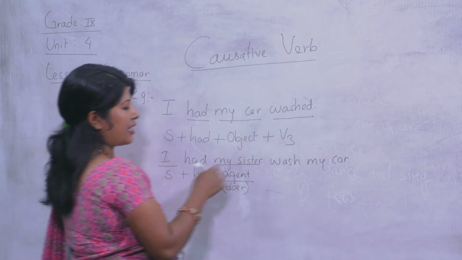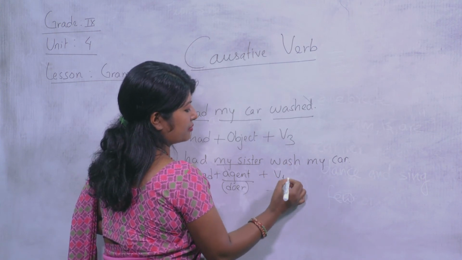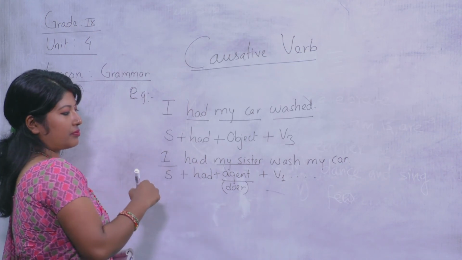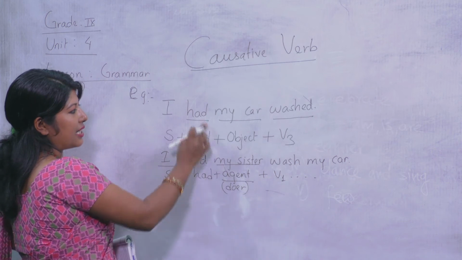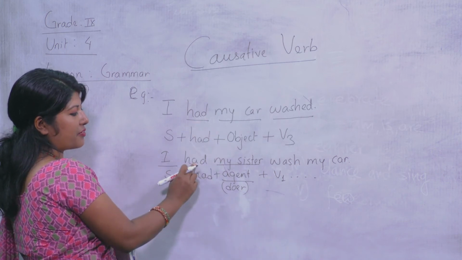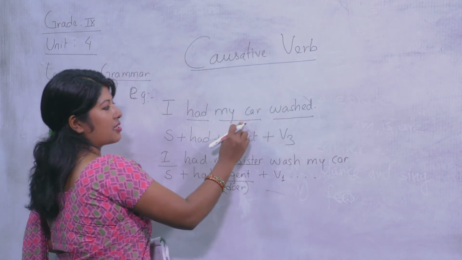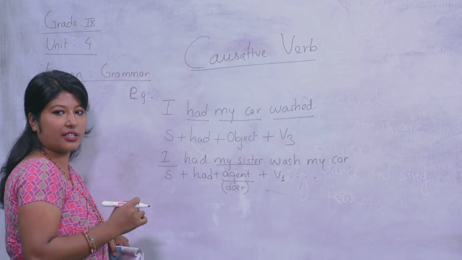That's why here had is there, then agent, then verb 1, and the car object at last. The same causative verb is here, but the placement of object and agent is different.